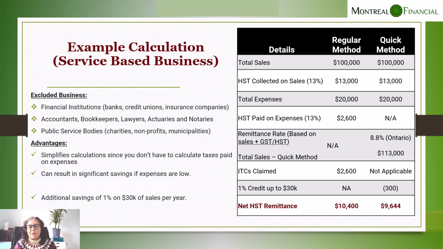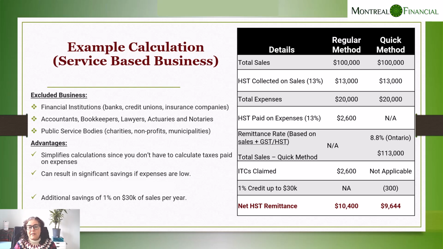So let's assume you have total sales of $100,000. Your HST collected on sales under the regular and the quick method are both $13,000. And let's say your total expenses on which GST, HST were charged are $20,000.